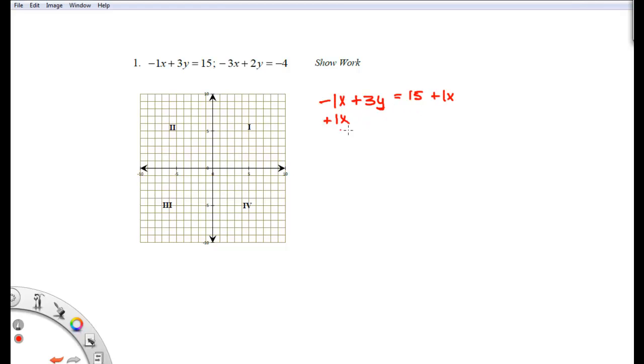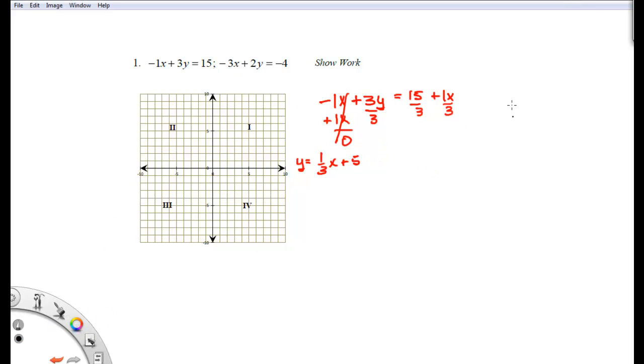When you add 1x to each side, the negative 1x goes to 0, so it's gone. That leaves me 3y equals 15 plus 1x. Now I'll divide by 3. So now my final equation is y equals 1 over 3x plus 5.